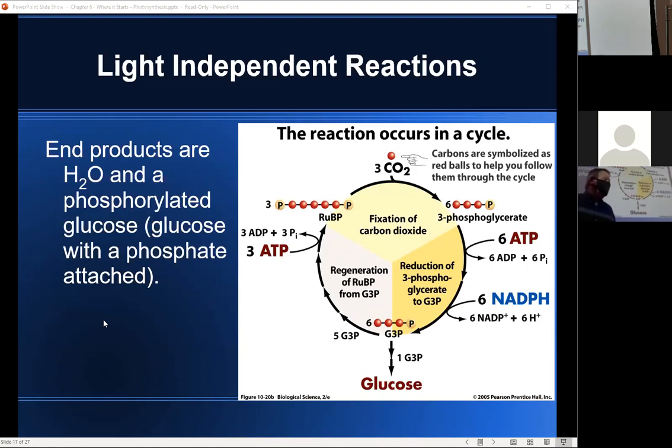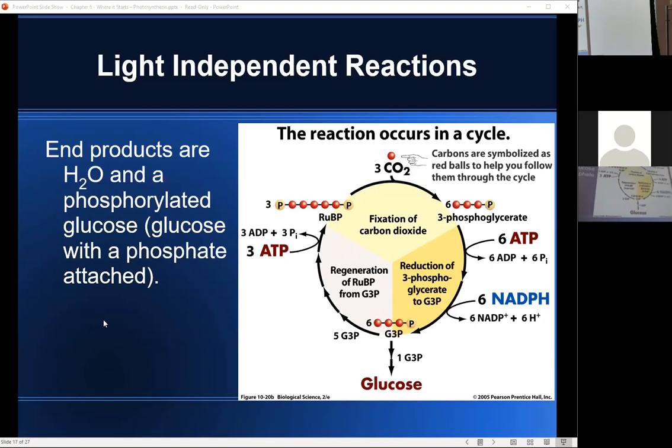The end products of the light-independent reactions are H2O and a phosphorylated glucose. This simply means a glucose that has a phosphate attached. Now, the plant cell can then take that phosphorylated glucose and do a number of things with it. It could use it to make bigger, more complex carbohydrates, so it can use it to make starch.